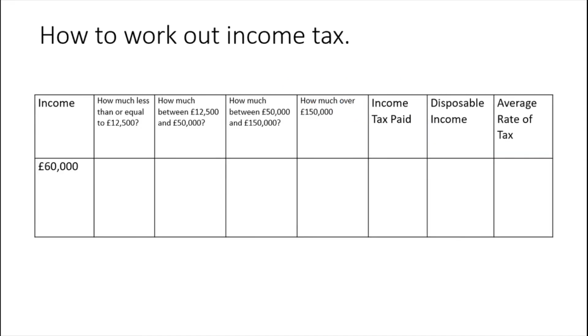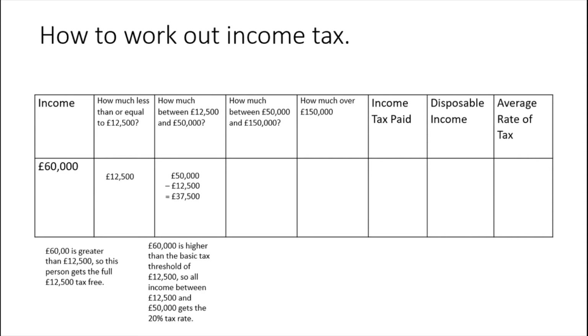Here's an example of how to work out income tax for somebody who's earning £60,000 per year. First, you take their personal allowance of £12,500. That £12,500 is going to be at a 0% rate, so zero tax on that amount. Next, you ask how much of that income is between £12,500 and £50,000.